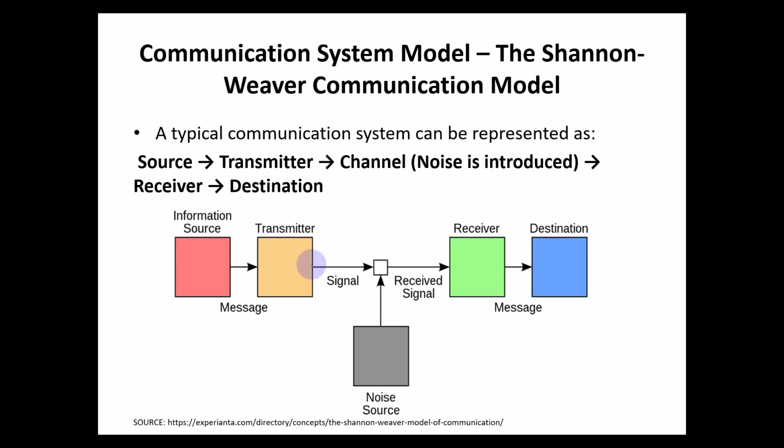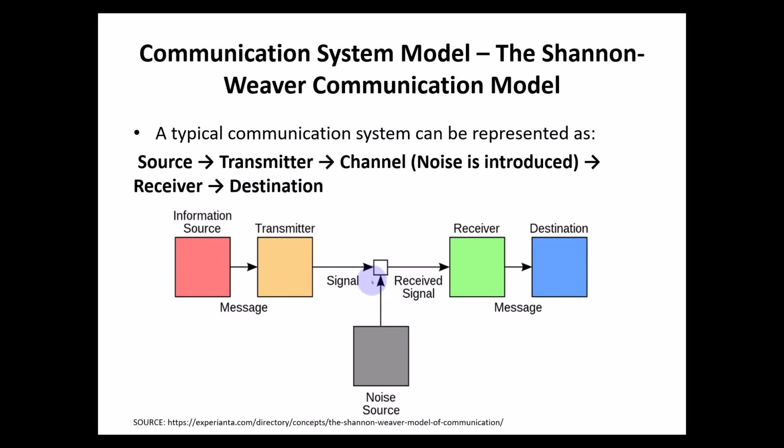And then as the data goes, the data is represented by a signal. In our next lecture, we'll go into details of what signals are. The signal is passed to the communication channel or the transmission media.